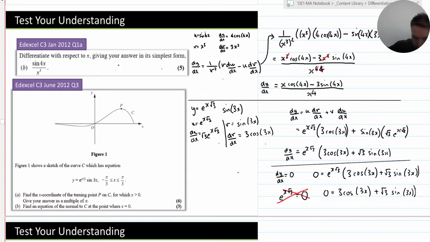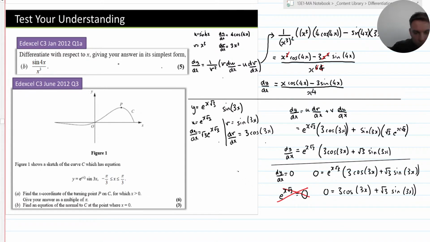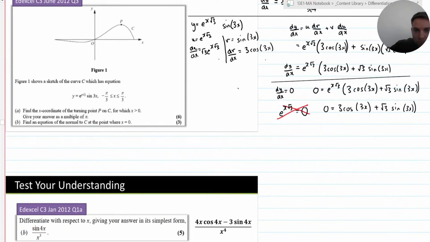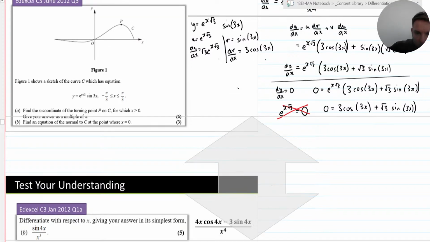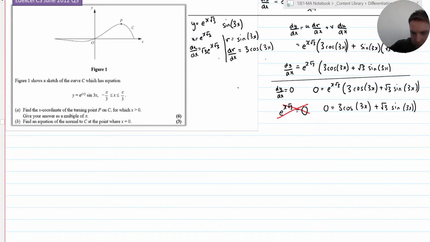Give myself some more space. Where am I now? So let's take the cos over to the other side. So it's going to be minus 3 cos of 3x is equal to root 3 sine of 3x, like so.